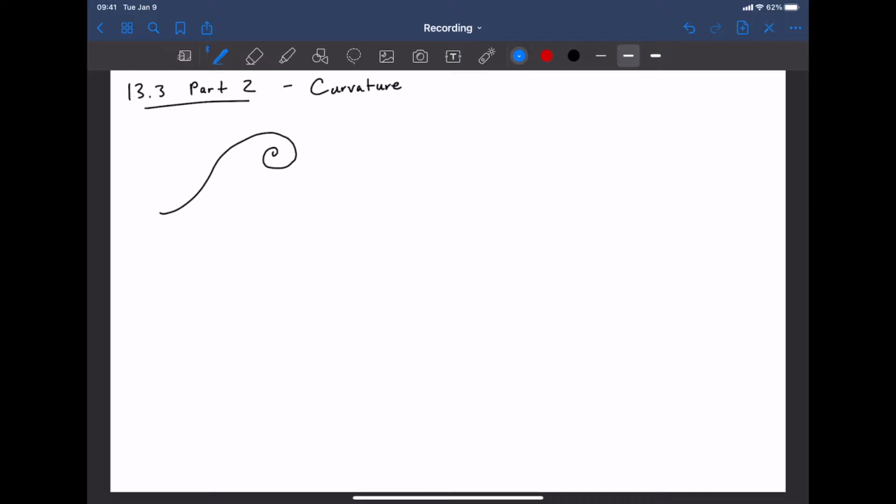So we're going to do a few things, like let r of t be a vector function, have arc length given by s of t.